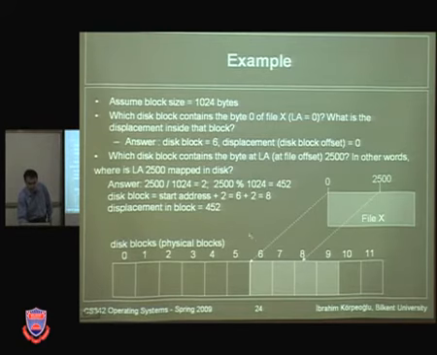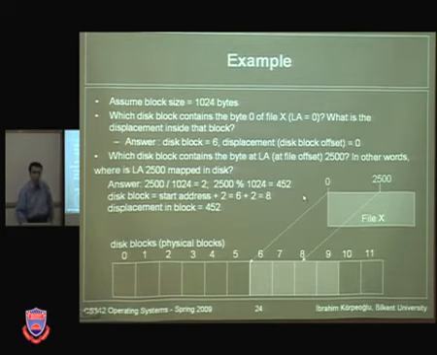Of course, we should also compute the displacement. Inside that block, what is the displacement of the byte that we want to access? Basically this value here. How can you compute that? You can perform the mod operation, okay? 2500 mod 1024 will give you the displacement, the offset inside that block, of the requested byte. So this logical address corresponds physically to block 8 and displacement 452, okay?